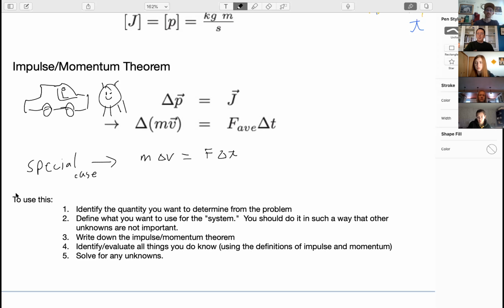That's a strategy you can take: you're shuffling things so that only the stuff you either want to find or already know appears in the problem, and the stuff you don't know doesn't appear. And if a problem has many different parts, then you may redefine the system and reanalyze the scenario each time, making it so that only the thing you want to find is in the problem, and stuff that you don't know never appears.